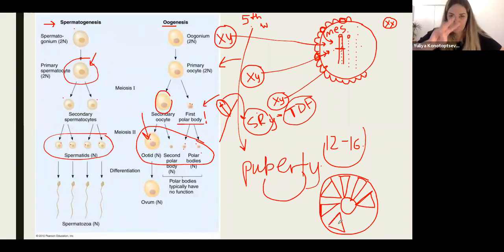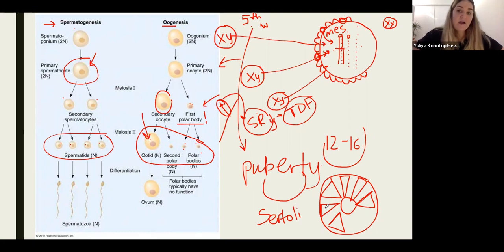You could call them three names. Every single name starts with S. You could call it supporting cell. You could call it Sertoli cell. That's the one that we want. And next semester in histology, sustentacular cell. So supporting, Sertoli, or sustentacular cell.